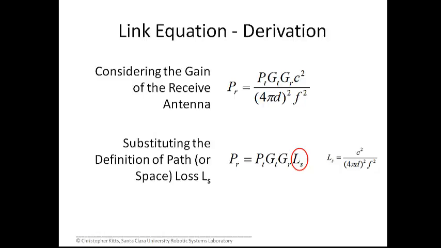So at this point, I have my received power at the receive antenna equal to the transmit power times some factor for the gain of my transmit antenna, times some factor for the gain of my receive antenna, and times some factor which now is presumably less than 1, which is a loss for the fact that I'm traveling over a certain distance.